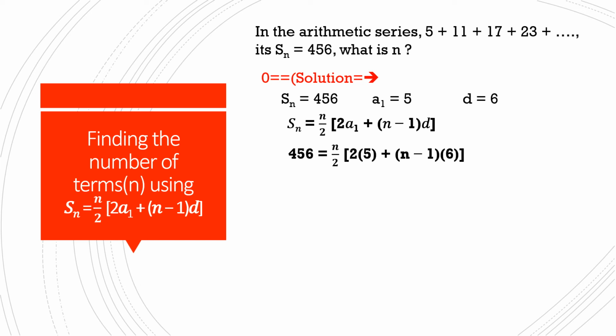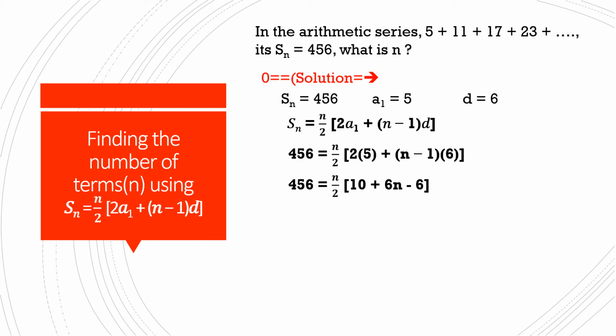What's next here is we are going to multiply the 2 and 5, which is 10. And then the n minus 1 times 6 is 6n minus 6. So this is now the expression. So you will have 10 and negative 6. These are similar terms, so we can combine them.